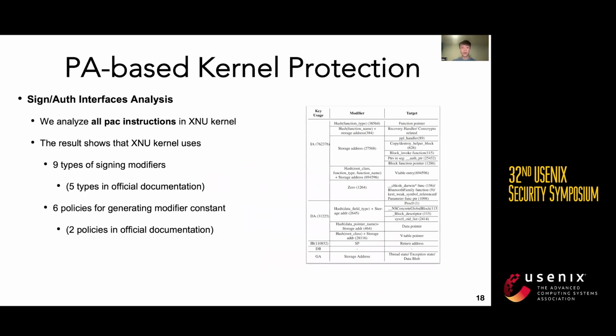For the PAC software, or the PA-based kernel protection, we analyzed the sign/auth interfaces and key management. For the sign/auth interfaces, we analyzed all PAC instructions in the XNU kernel. Our findings show that the latest implementation of sign/auth interfaces is far more complex than official documentation.